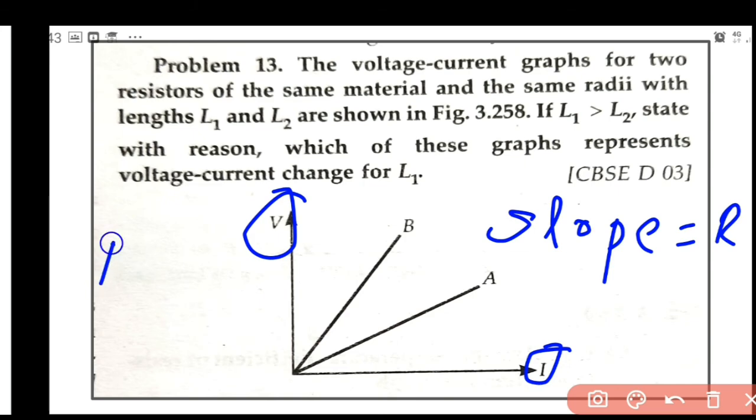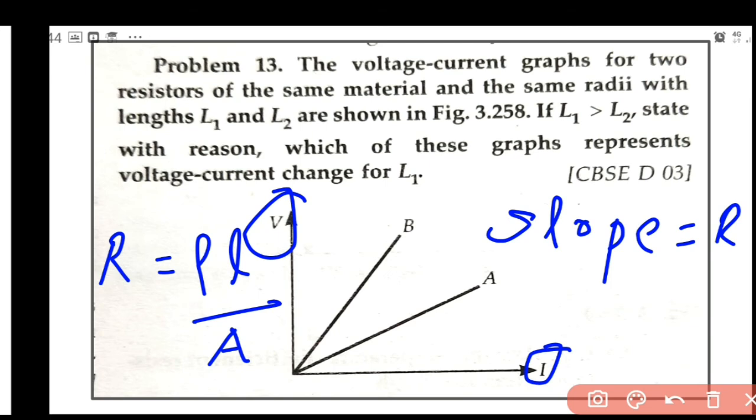You know R is equal to rho L by A. In these two resistors, rho and A are the same, only L differs, and R is directly proportional to length. As the length increases, resistance will be more.